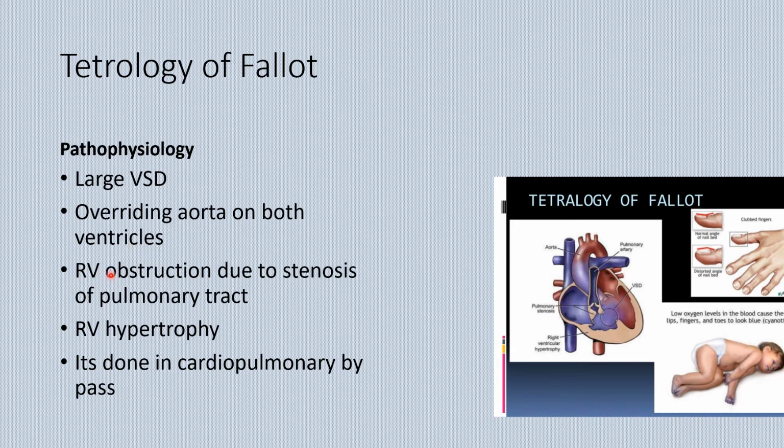There would be right ventricular obstruction due to stenosis of the pulmonary tract, and this right ventricular obstruction would lead to right ventricular hypertrophy. Because of the seriousness of these tetralogy of Fallot defects, all these 4 defects would lead to decreased oxygen supply and cyanosis would appear.